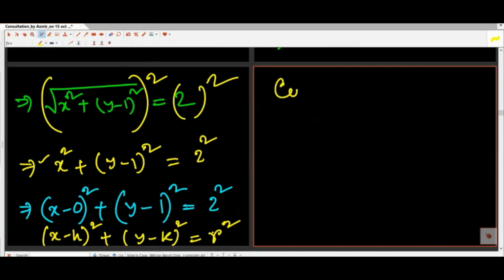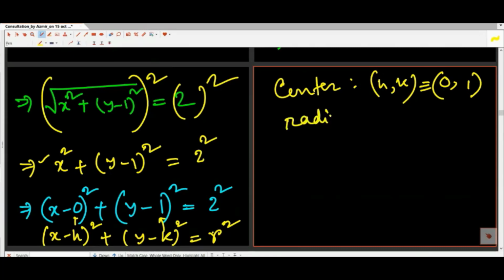So center of the circle is h is 0 and k is 1. What is the radius? Radius r equals 2. That means we can easily draw the geometrical figure.